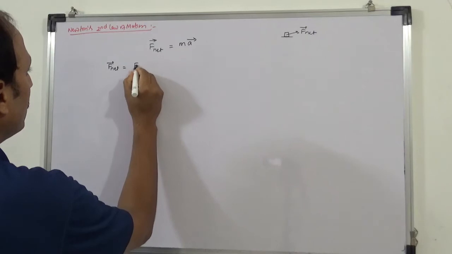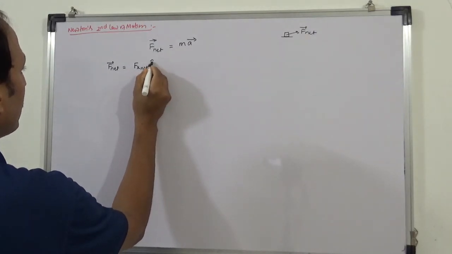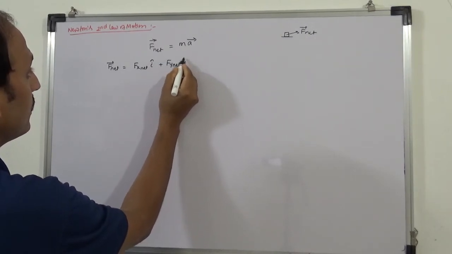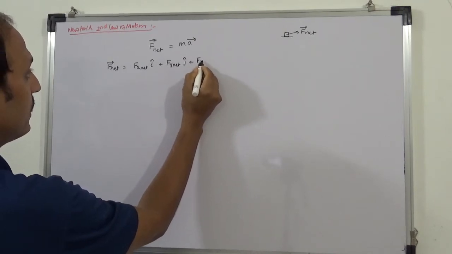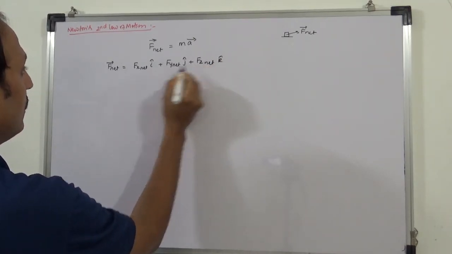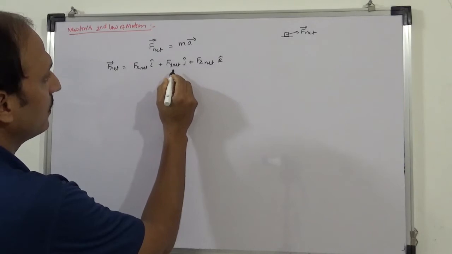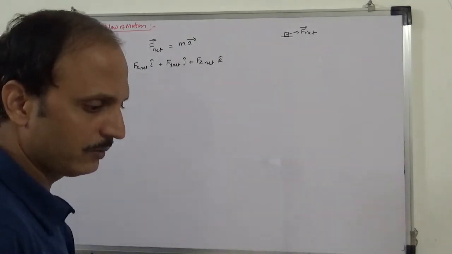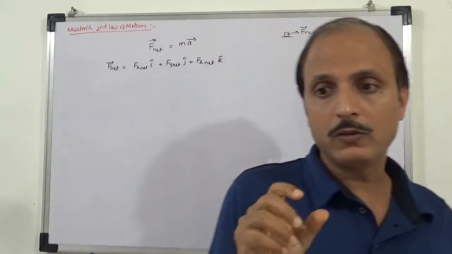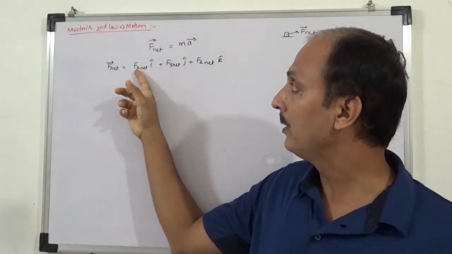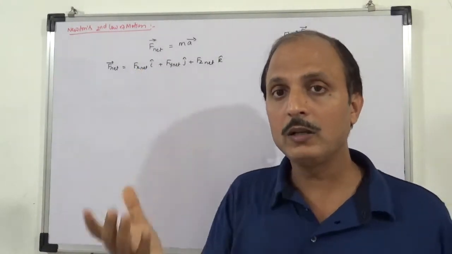So F net is Fx net i cap plus Fy net j cap plus Fz net k cap, all the forces along x, along y, along z. I have divided a given force into a rectangular coordinate system. Fx net means all the forces along the x direction, which we can call the x component of the force.